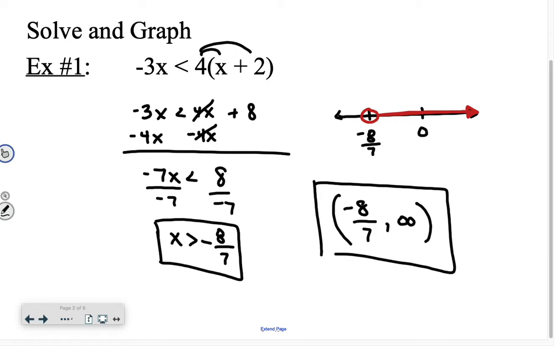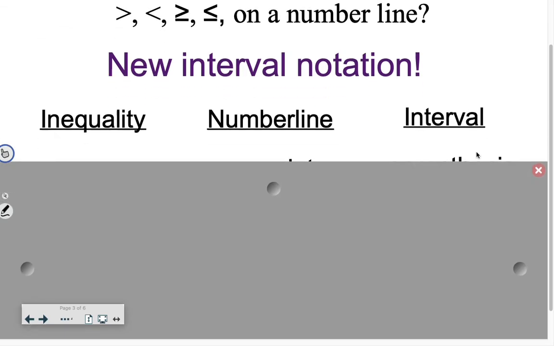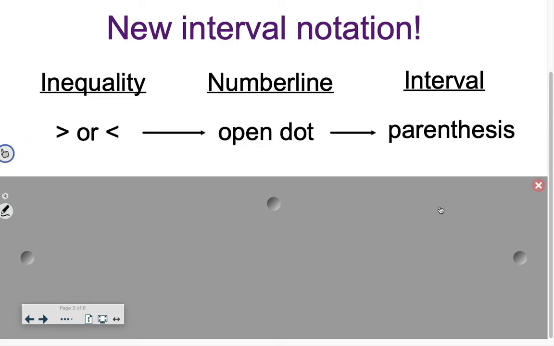So let me summarize the whole open circle, closed dot, parenthesis, bracket, so you have it all in one spot. Here's what you have. When you solve an inequality, it's going to be an inequality notation.